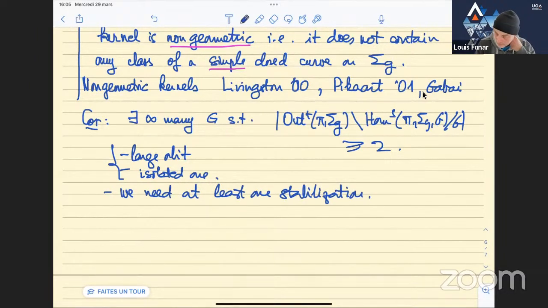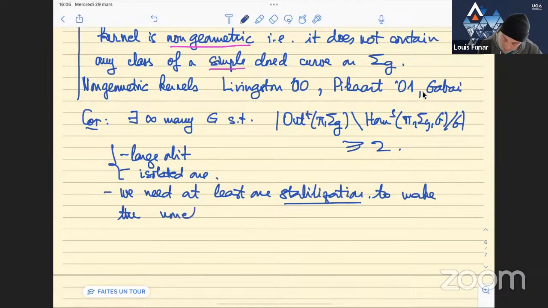They have 2 generators, so there is an elementary homomorphism, which has a big orbit. You need at least one to make the non-elementary one become elementary.